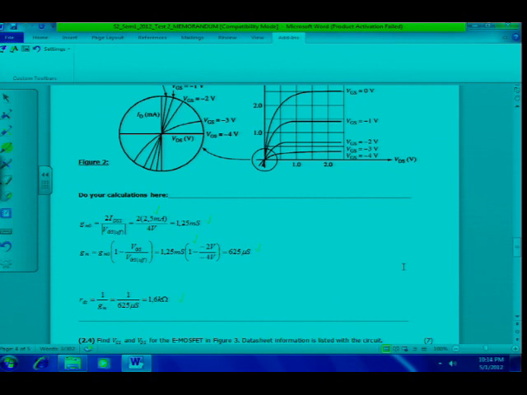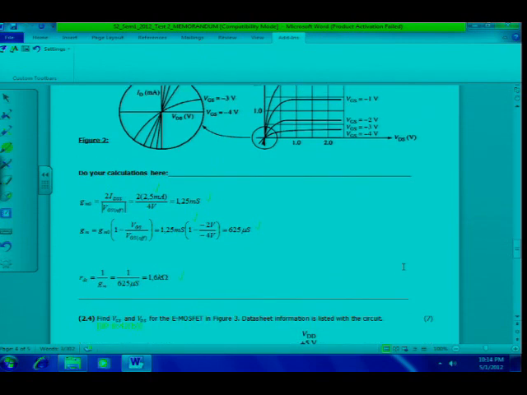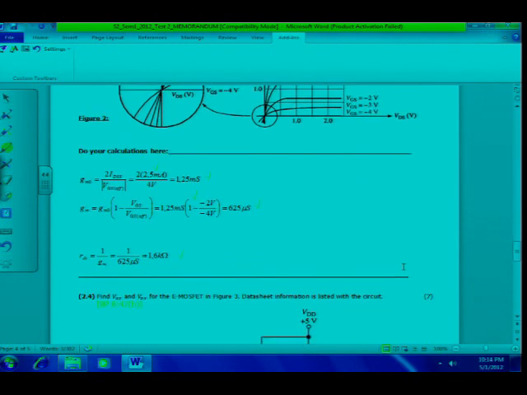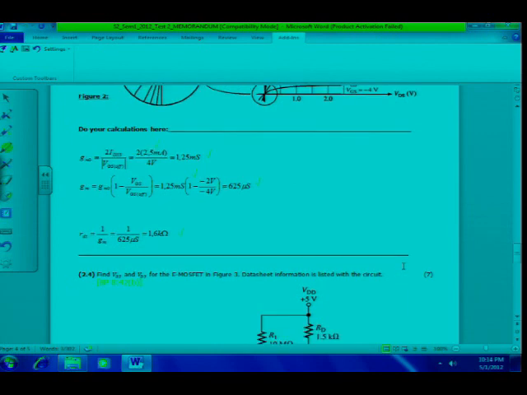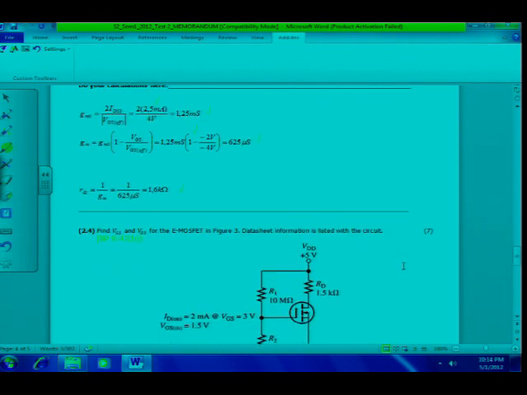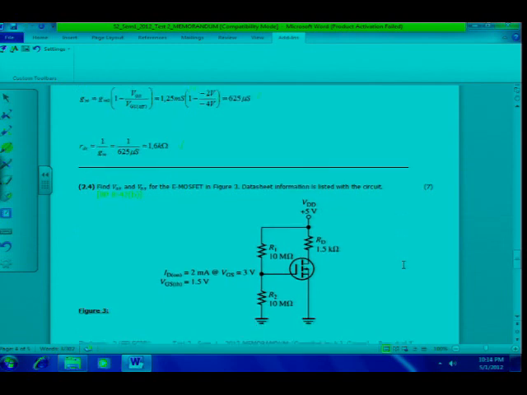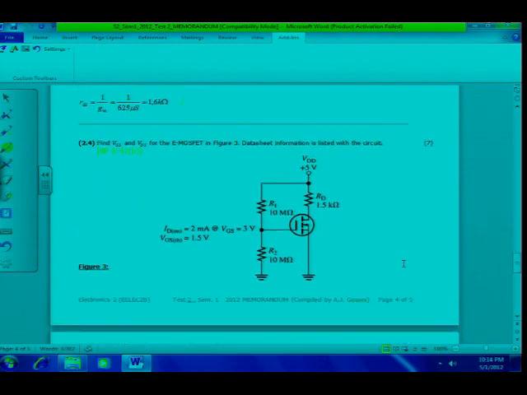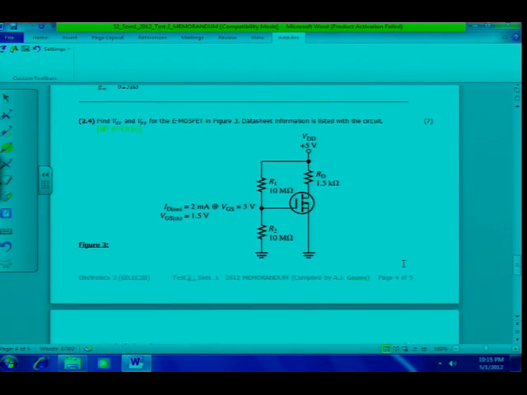Then GM was calculated to be 625 microsiemens for another 2 marks, and then RDS is equal to 1.6 kilo ohms. If you wrote 1,600 ohms, then of course you also lost the mark. The instructions were clearly the same for the first test, and will be for the third test and for the exams as well, to express your answers in engineering notation.